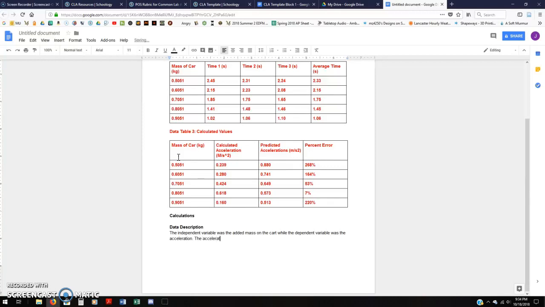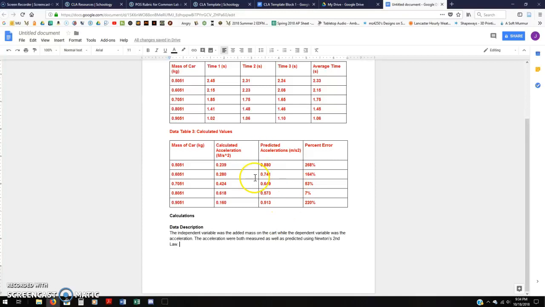The accelerations in this lab were both measured as well as predicted using Newton's second law.